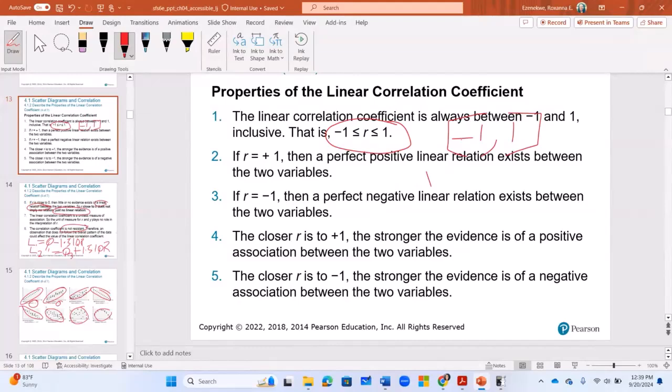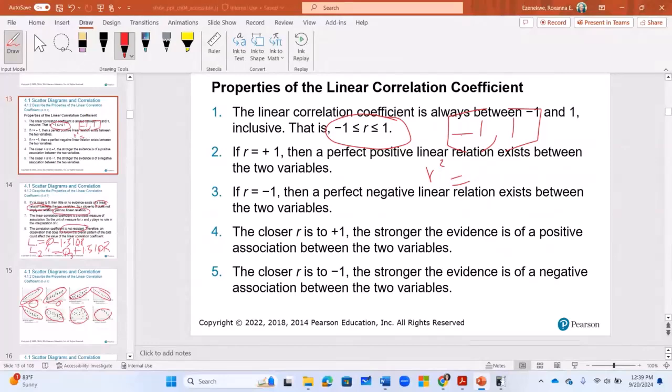We are also supposed to know that R squared is called the coefficient of determination, like we said yesterday. R squared is R times R. So if I square R, then the interval of the coefficient of determination starts from 0.